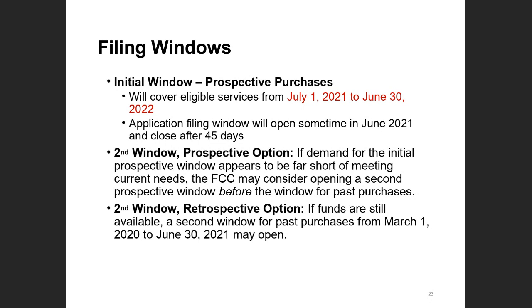So this will cover eligible expenses your library had from March 1st of 2020 to June 30th of 2021. So that might be a good opportunity if you've already got Wi-Fi hotspot or laptop lending going. That might be a good way to recoup costs that you've already incurred.